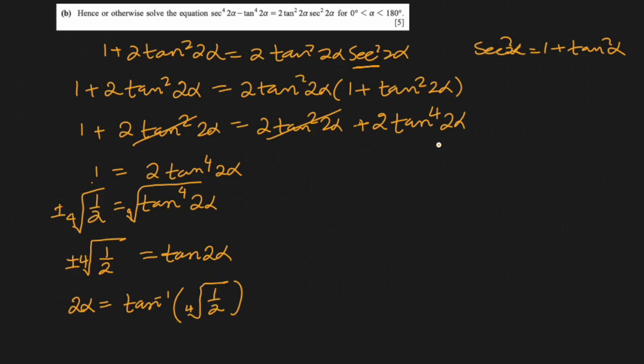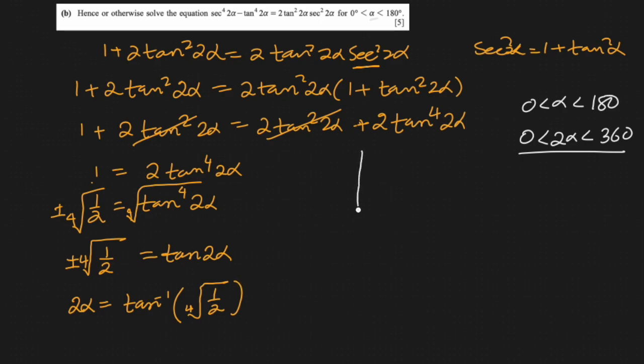Why? Because of this. They have given our alpha is between 0 to 180. So 2 alpha will be between 0 and 360, doubled. This is our domain for 2 alpha. And if I put a minus here, that is of no use, because tan inverse minus will give you only one angle.